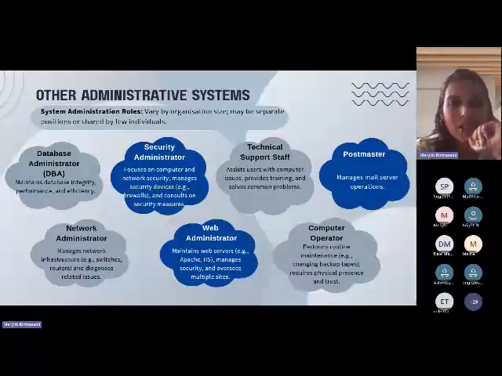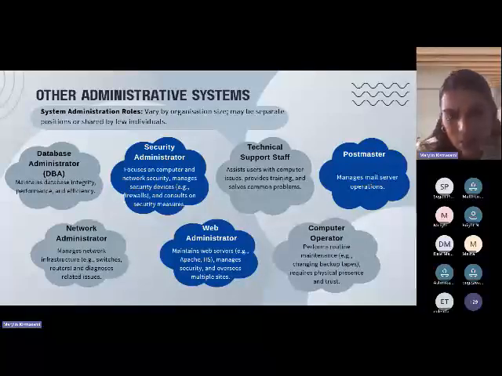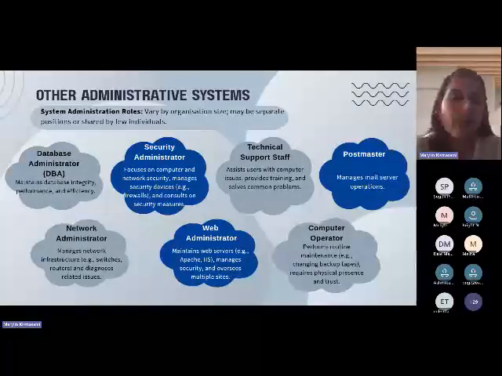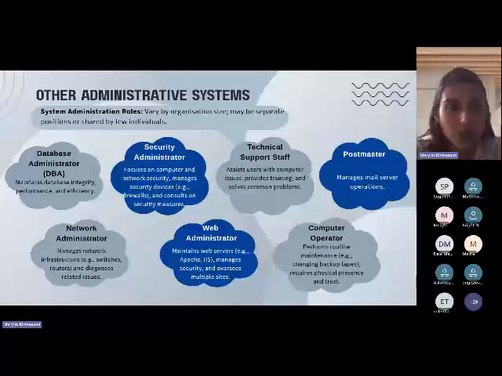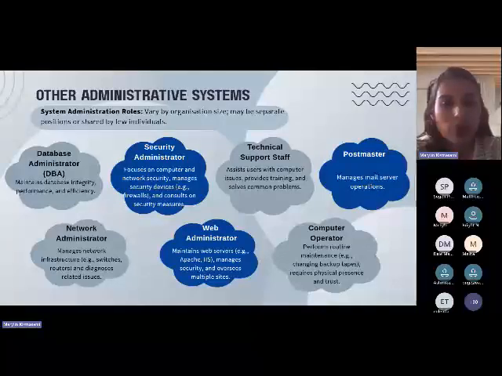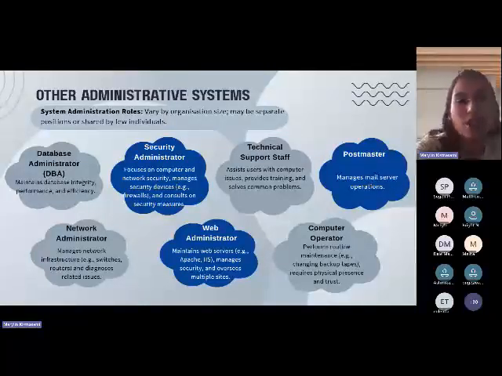Then you have technical support staff. Technical support staff provides assistance to individual users experiencing technical difficulties. So if you look at a large organization that has, for example, a call center, they have people that are constantly on the dialer and using their computers. With that, you would have quite a few technical issues that may arise throughout that person's day.